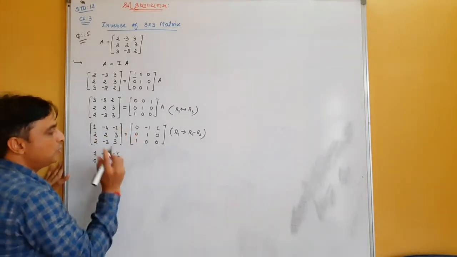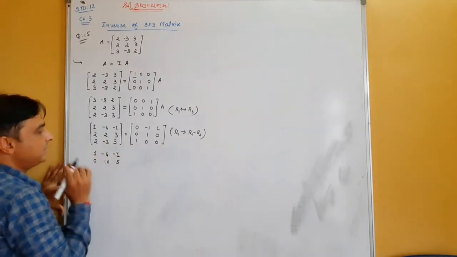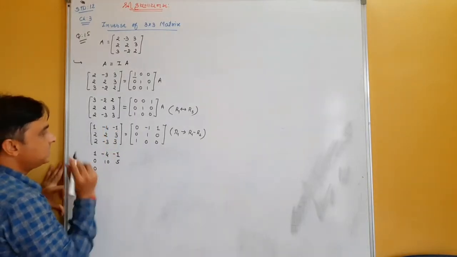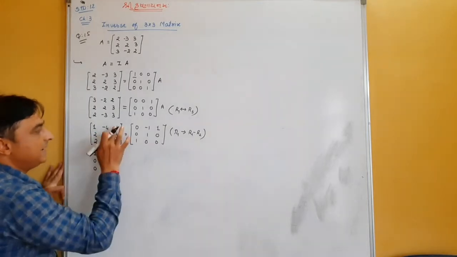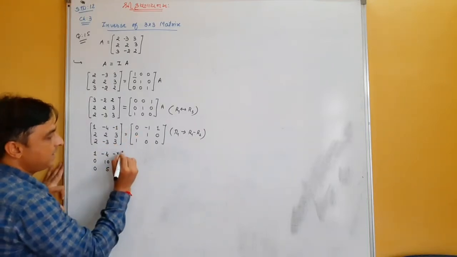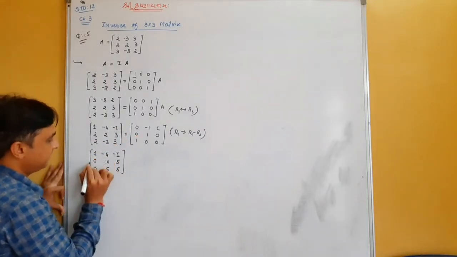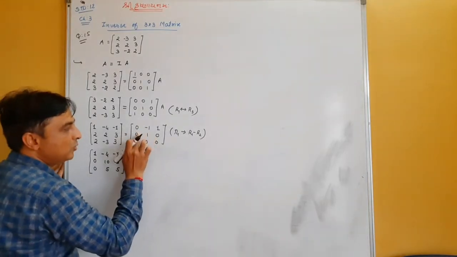Minus minus 2 plus 3 is 5. Multiply with 2 and subtract here, it is 0. 8 means this is 5. Now multiply with 2 and subtract, it is 5.